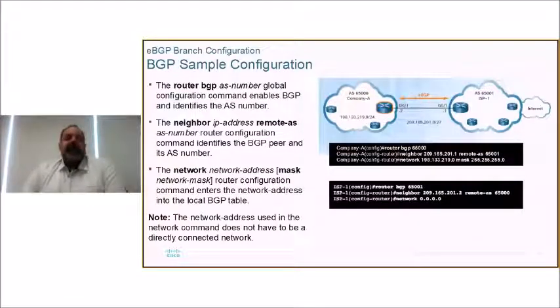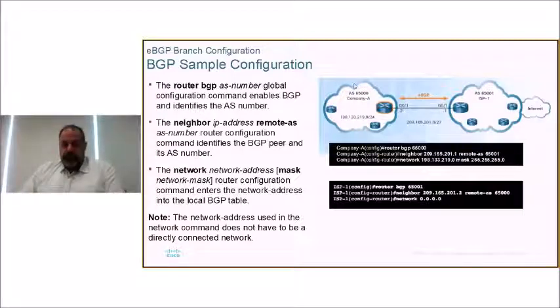So basically, an example here. We're using 65,000 as an AS number. Any number 65,000 and above is actually sort of like the private IP addressing ranges. They're free for you to use, basically. And so we're using 65,000 and 65,001. And so with that, we just have your neighbour command.